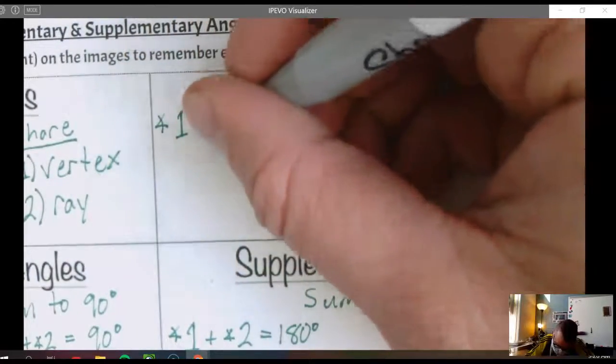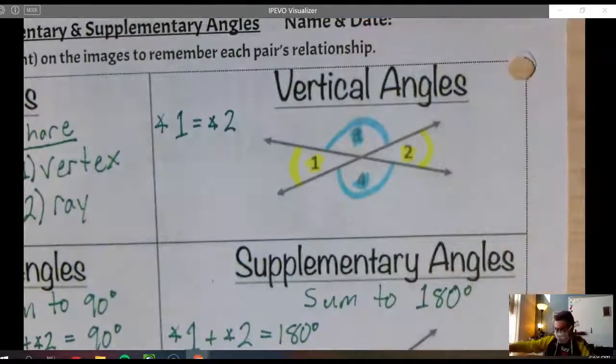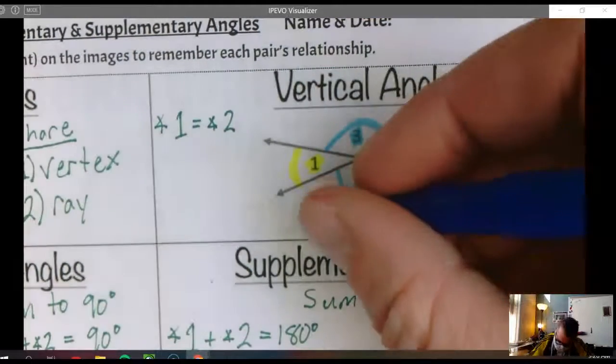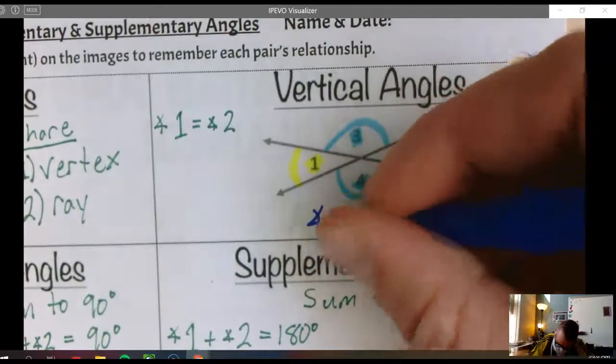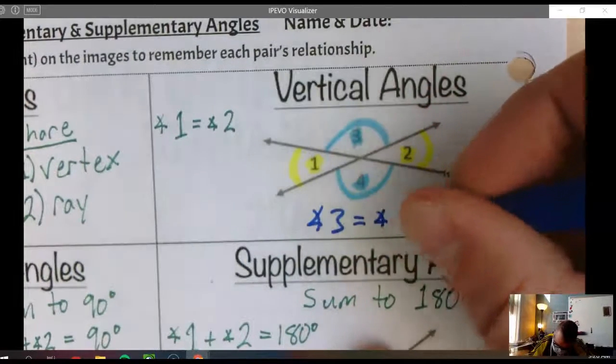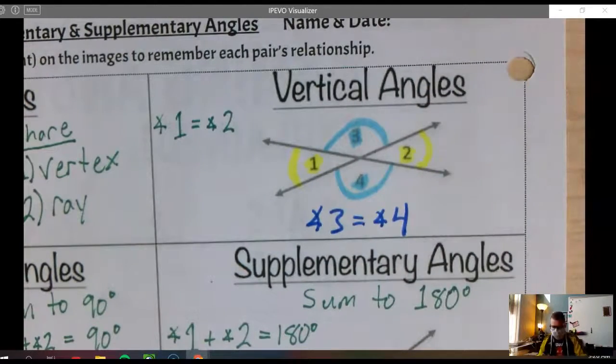And we're going to practice identifying these guys. Don't worry. Angle 1 is equal to angle 2, and angle 3 is equal to angle 4. Now wait, why are vertical angles so special that they're equal to each other?